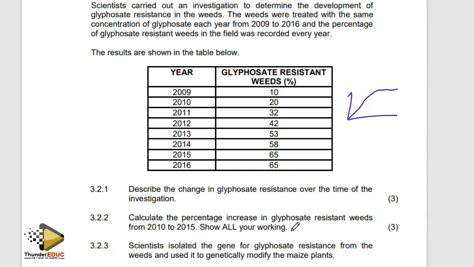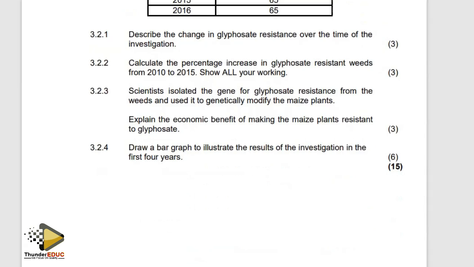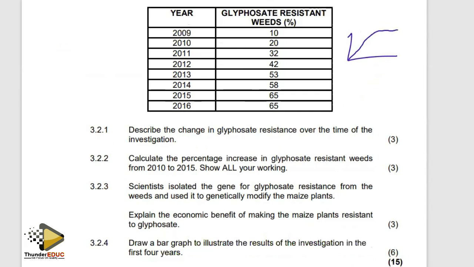Then they're saying calculate the percentage increase in the glyphosate resistant weeds from 2010 to 2015. Show your working. Here, whenever they ask you to calculate the percentage increase, this is what you are supposed to do.